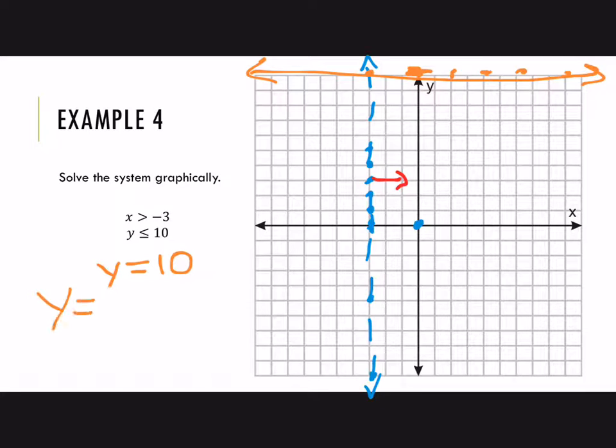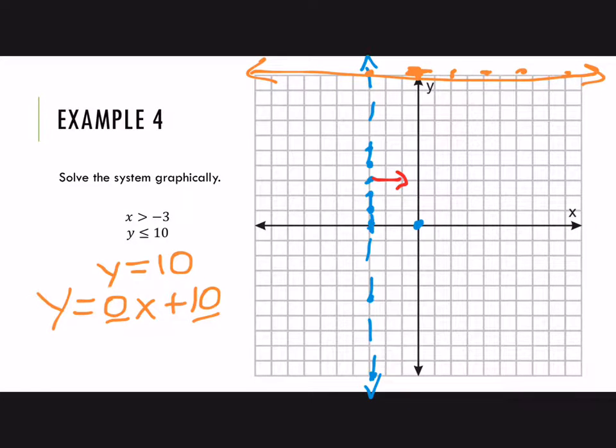This is the same thing as y equals 0x plus 10. So this would be a line that has a y-intercept of 10, and a slope of 0 just means it's flat. There is no rise, or you could think of this as no rise and then whatever run you like. In other words, you're just moving side to side, but never up and down between points on that line.